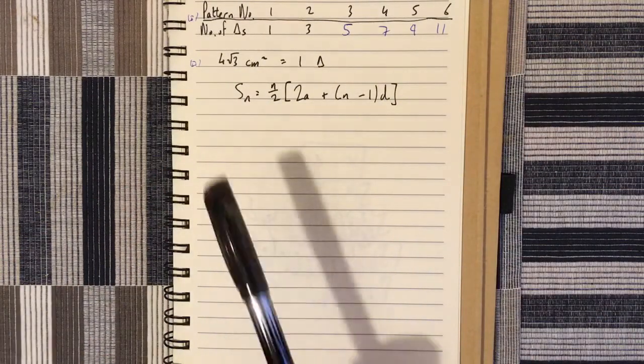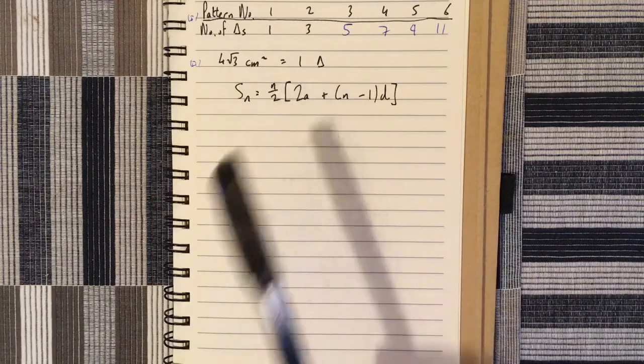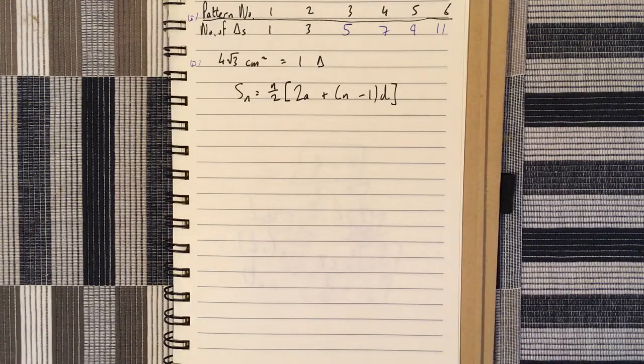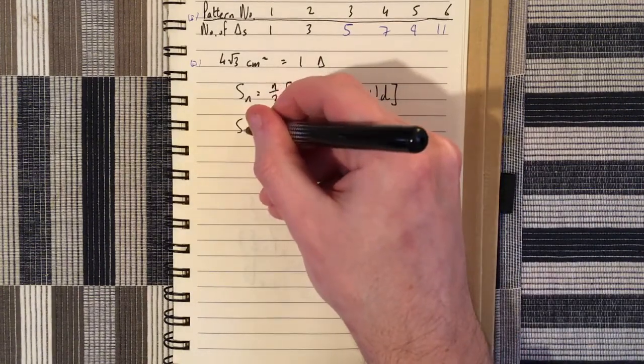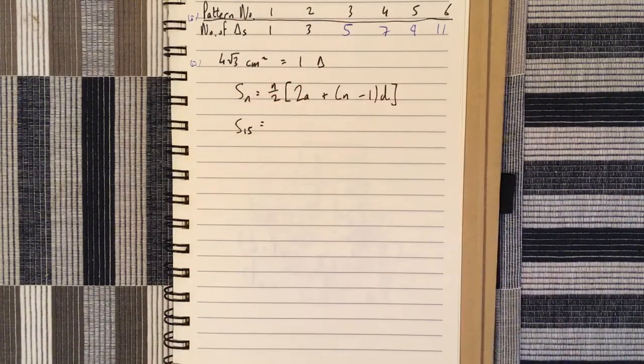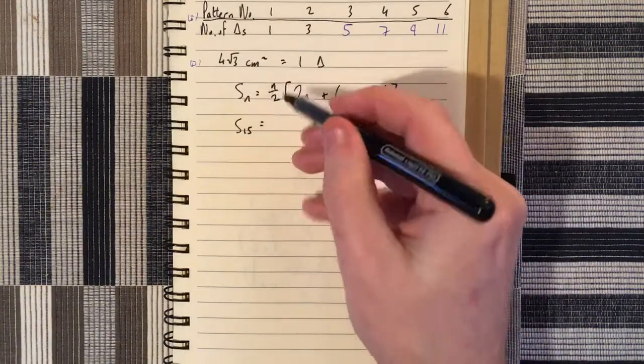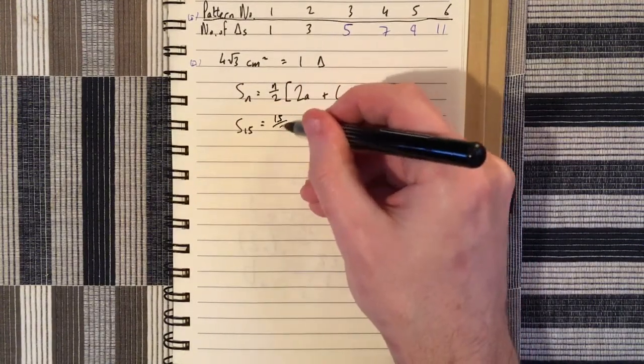Okay, and this adds up the first n terms in a sequence for us. So I'm looking for how many triangles in the first 15 stages. So I'm looking for S15.